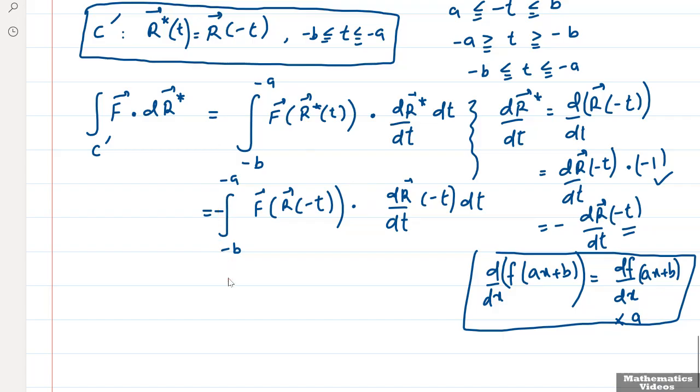Okay, now we will replace minus t with t, so t replaces minus t. It means that in place of dt we have to write minus dt. When t is equal to minus b, then minus t becomes equal to b.